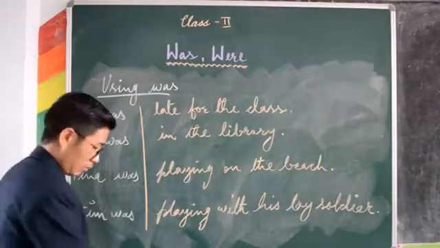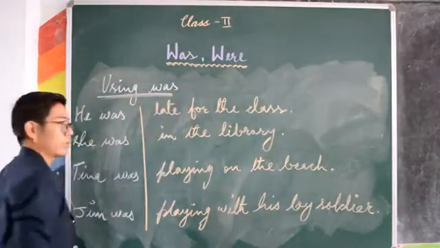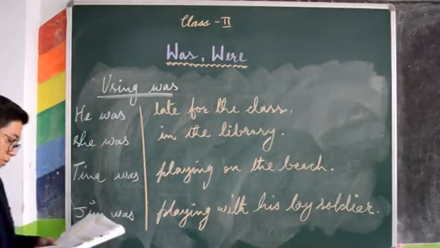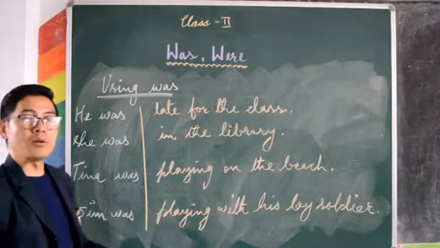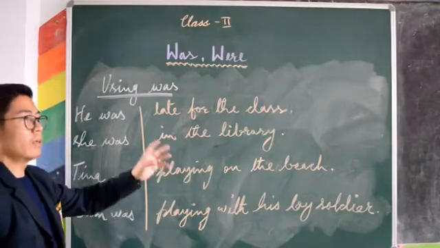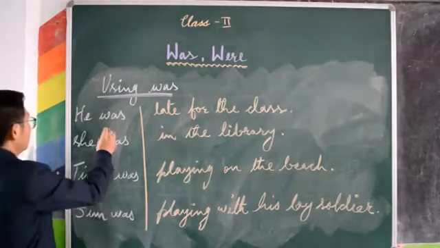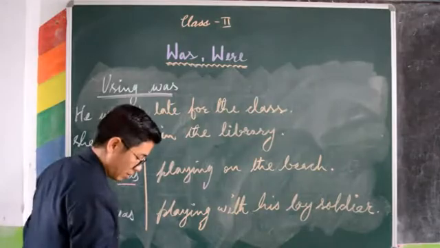We use was when we talk about the state of things a little time before now. As I've already told you, he was. So was, these are in past.